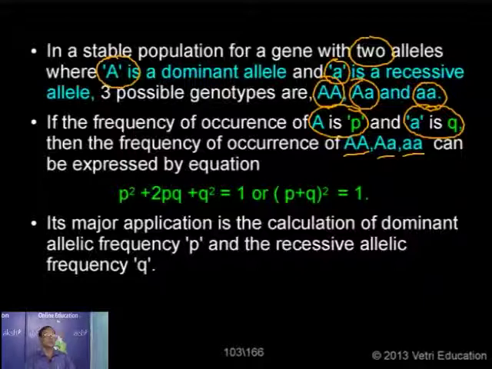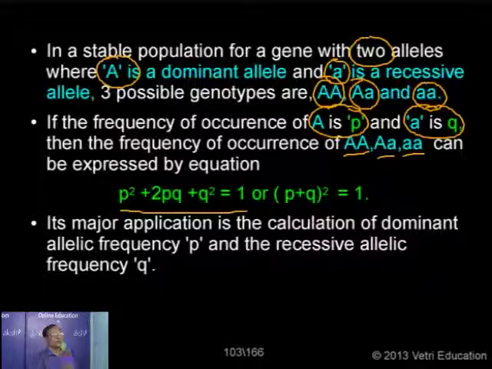So we have two alleles for a gene, and the frequency of the dominant allele is p and the frequency of the recessive allele is q. Then you have the three possible genotypes, and these three genotype frequencies can be expressed. So this is the genotypic frequency.